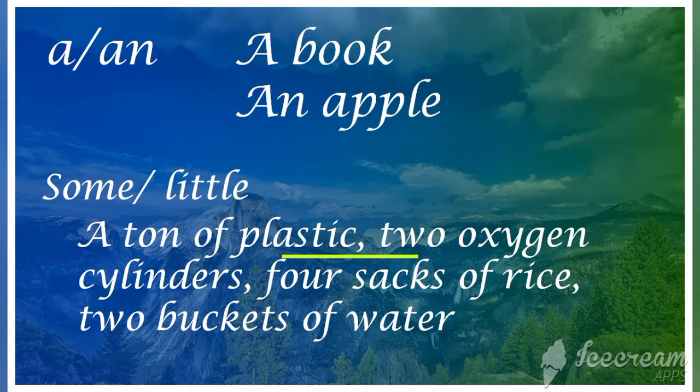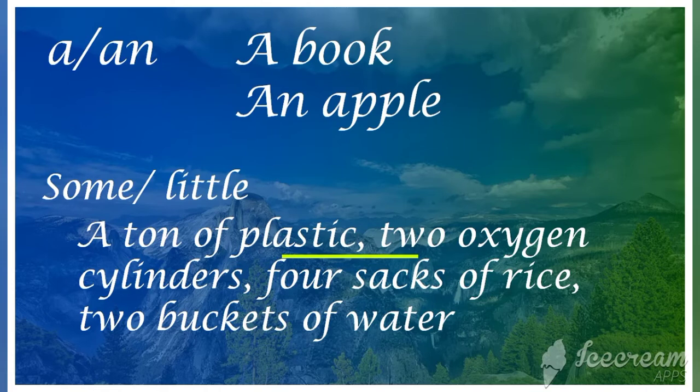Okay, however sometimes we will use numerical identifiers. Numerical means numbers, right? Here are some examples. A ton of plastic. What does the word ton symbolize? 100 kilo is equal to 1 ton. So a ton of plastic is giving 100 kilo of plastic.